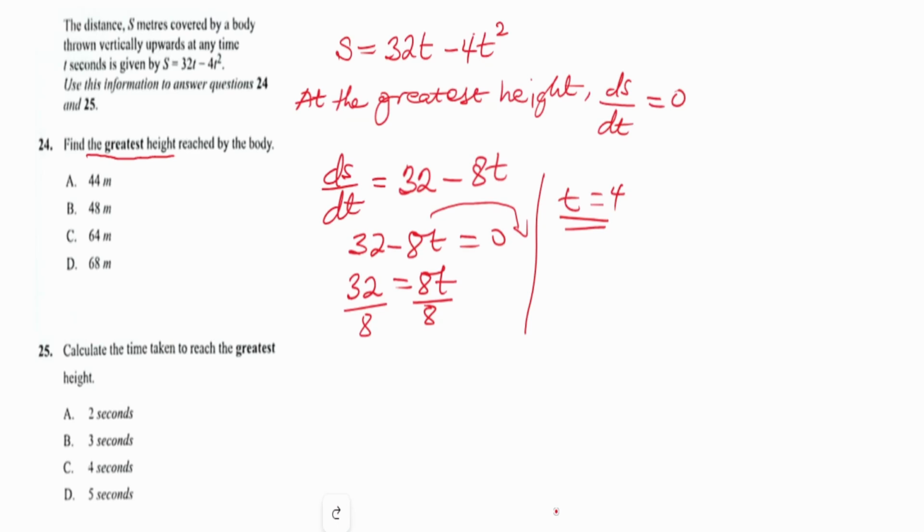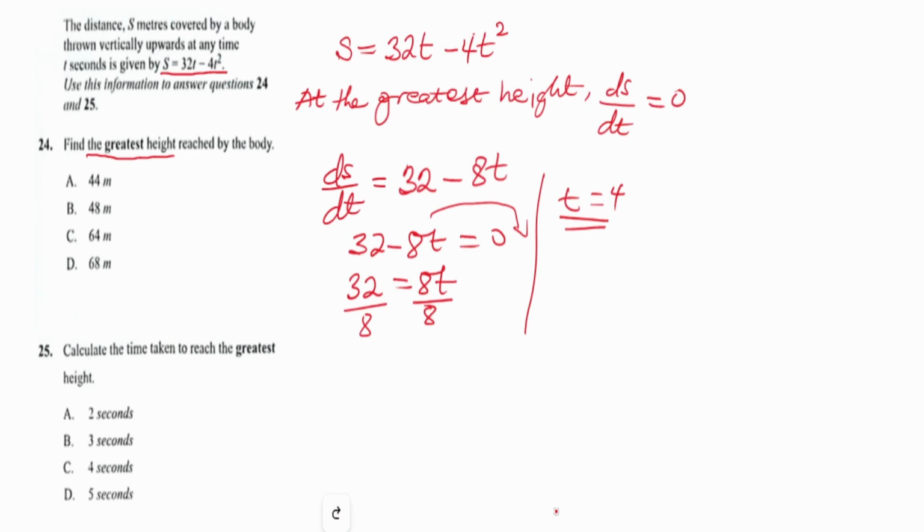So now we are going to substitute that into the original equation, s equals 32t minus 4t squared, so that we will see the height, which is the distance upward covered when the time equals 4 seconds. So that's what we are going to do now.